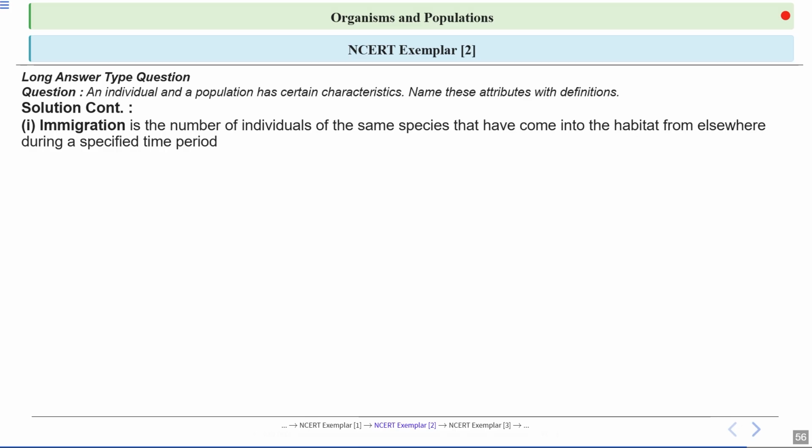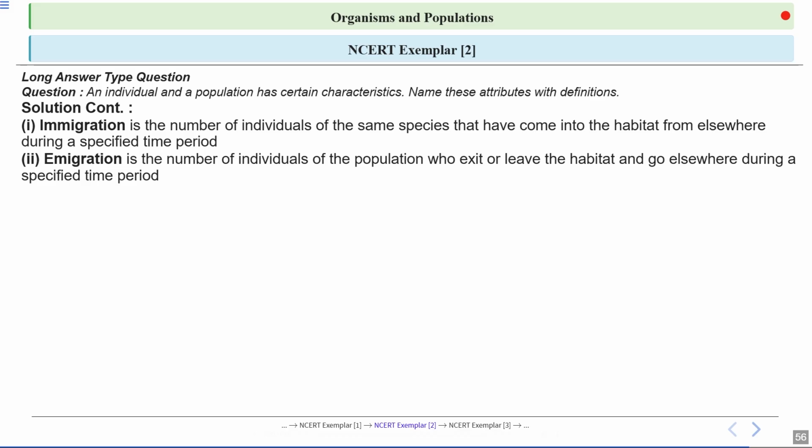Let's talk about immigration. Immigration means the number of individuals of the same species that move into a new habitat from somewhere else during a certain time period. This process can increase the size of a population in a particular area. Now emigration is the opposite of immigration. It's when individuals leave their current habitat and go somewhere else.